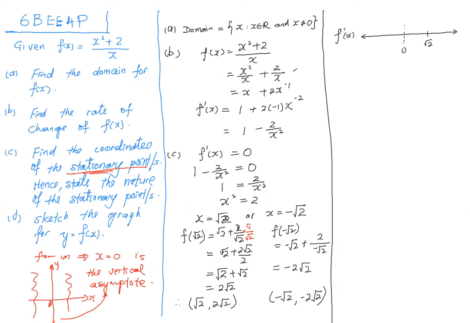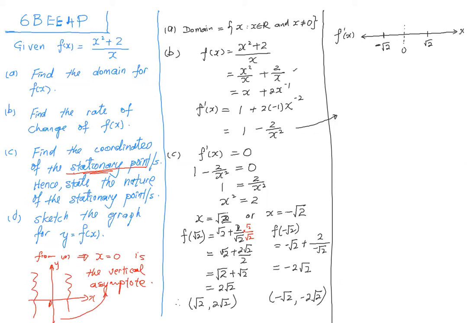The other one is negative √2. Am I right? Yes. So I'm going to determine the sign. I have to refer to this function. Okay, so now, how are you going to determine the sign?